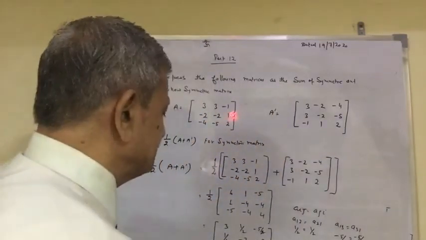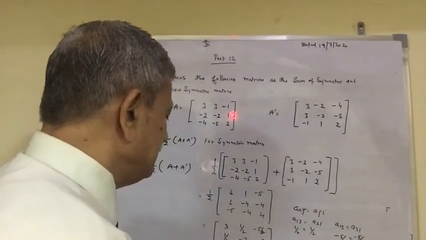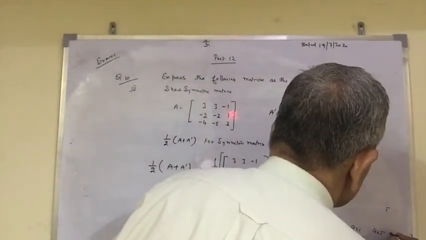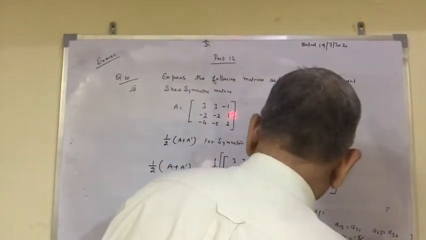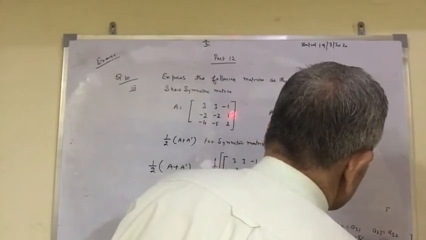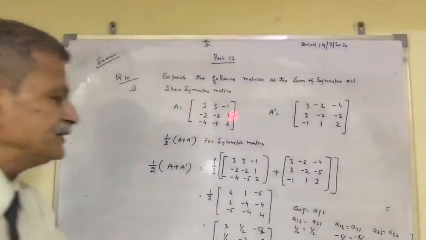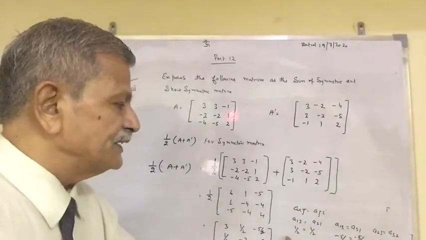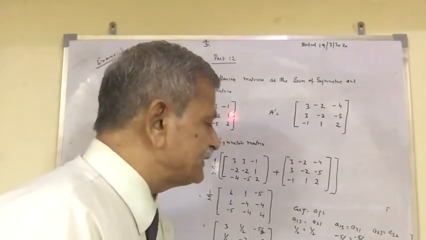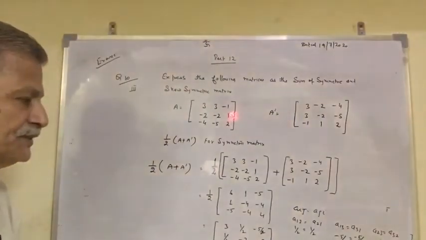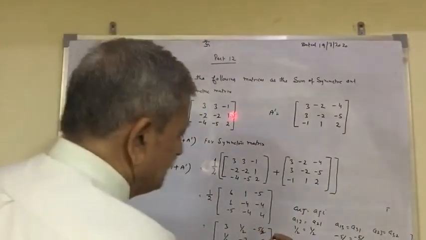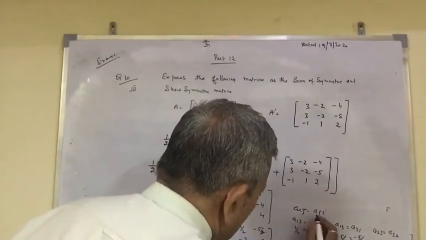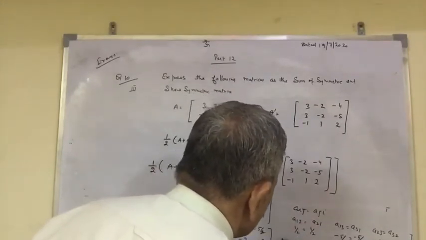Similarly, you can check A23 is equal to A32, which is minus 2 equal to minus 2. Now, if you see these values, Aij is equal to Aji, then you can say this matrix is a symmetric matrix.